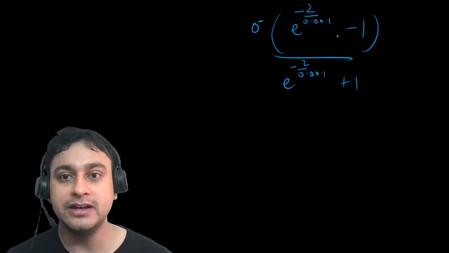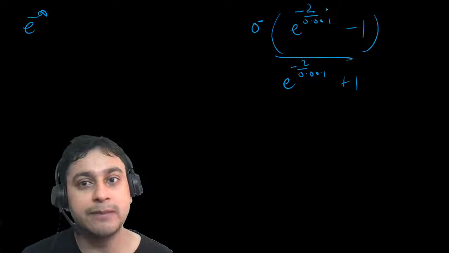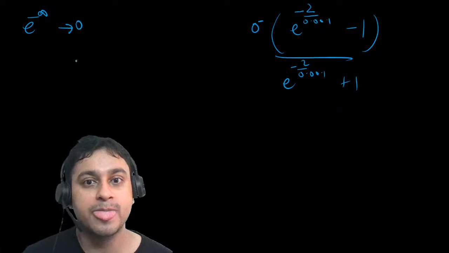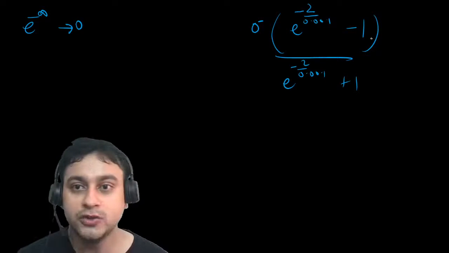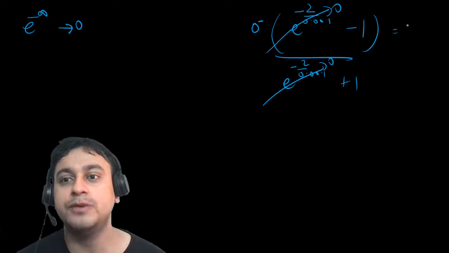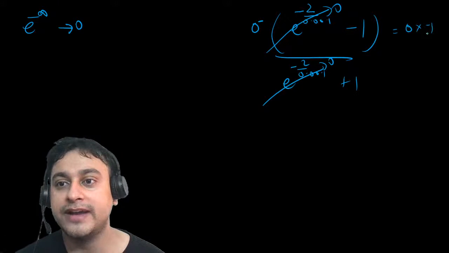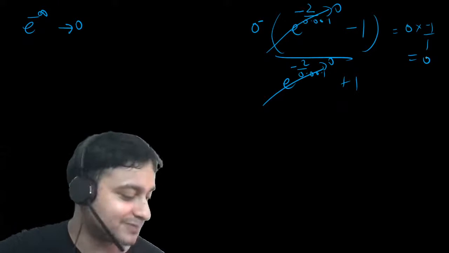Are you getting it, everyone? So what is e power minus infinity? Because this is e power minus infinity, which is tending to 0, right? So 0 into something tending to 0 by something tending to 0. So this thing will tend to 0, and it is going to be 0 into minus 1 by 1, which is going to be 0.